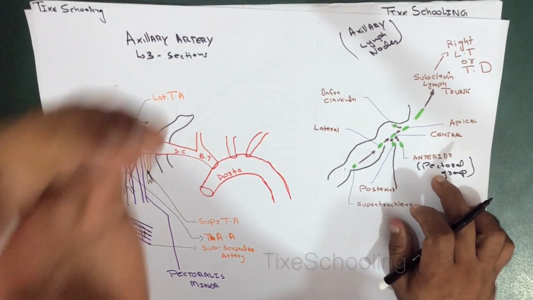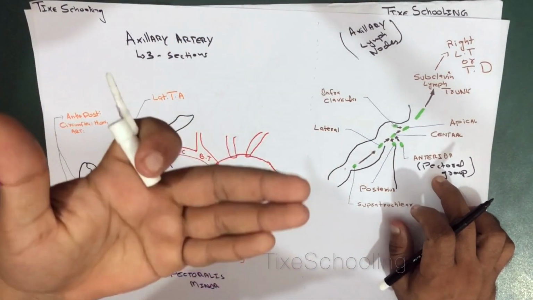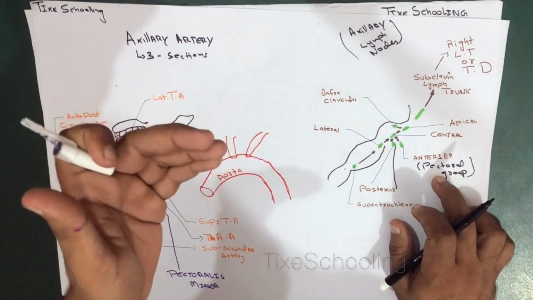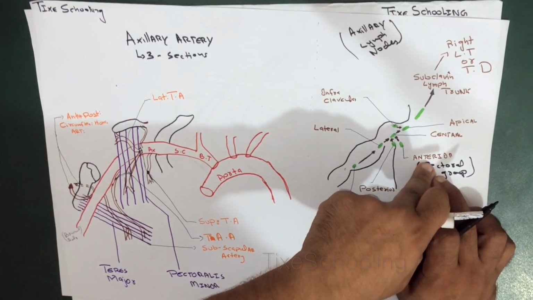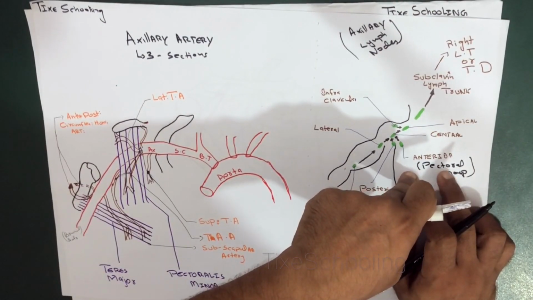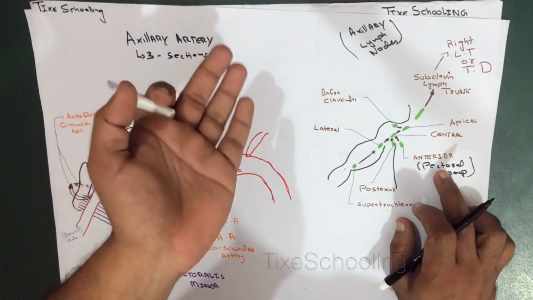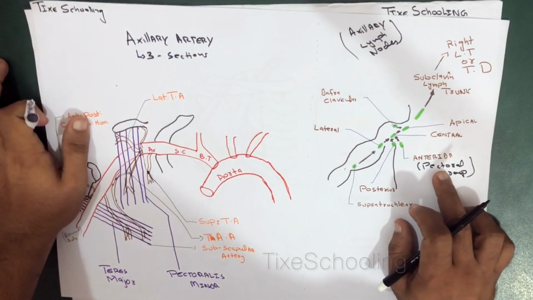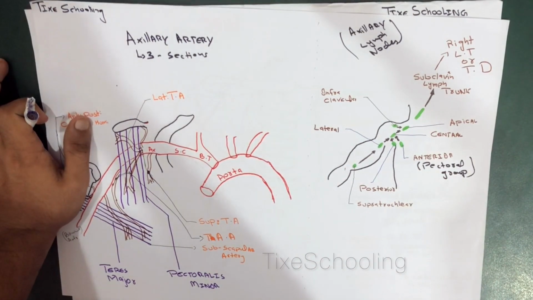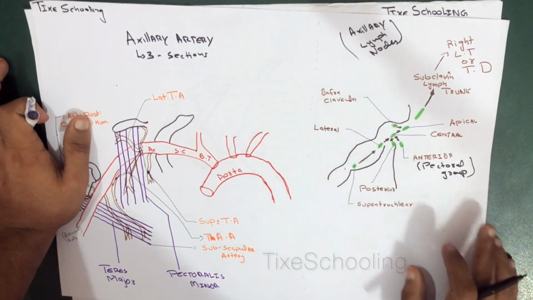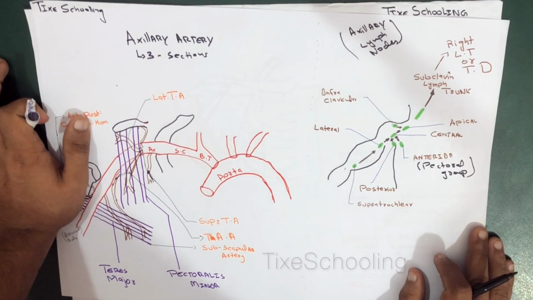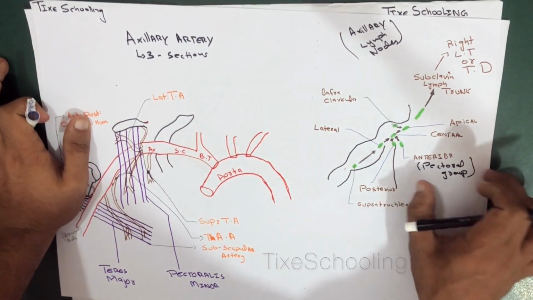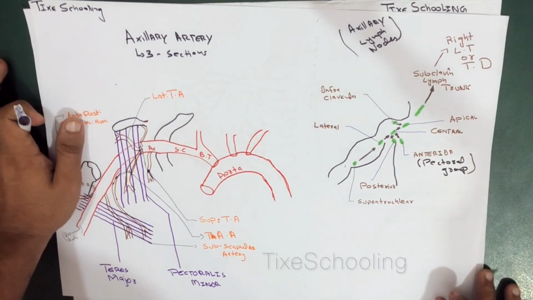Any lymph from superior to the umbilicus, anterior and lateral, is finally going to drain into the anterior group. It also takes lymph from the lateral quadrants of the breast: the anterior pectoral group, or pectoral group, or anterior group of lymph nodes.